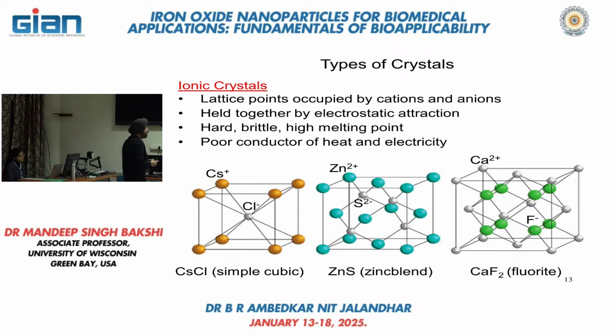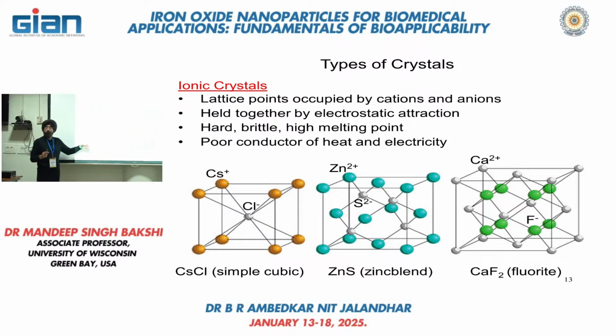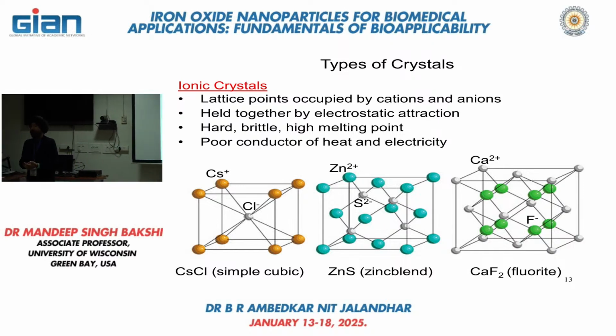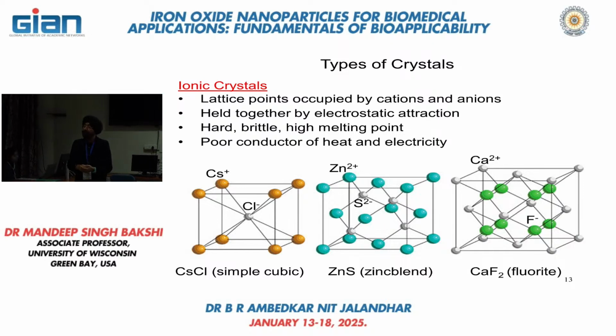Whenever you see the crystal structure and the unit cell of a salt, salt is a common term used for an electrolyte made up of 2 oppositely charged ions in any different ratio.